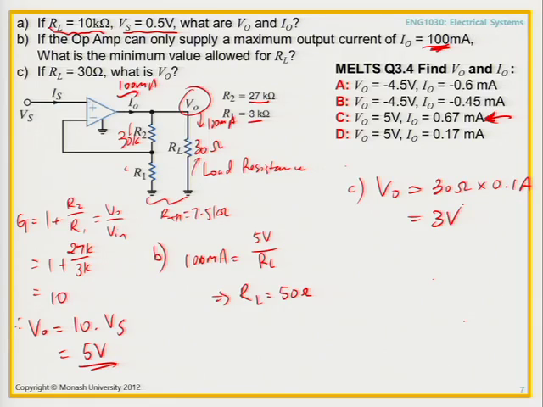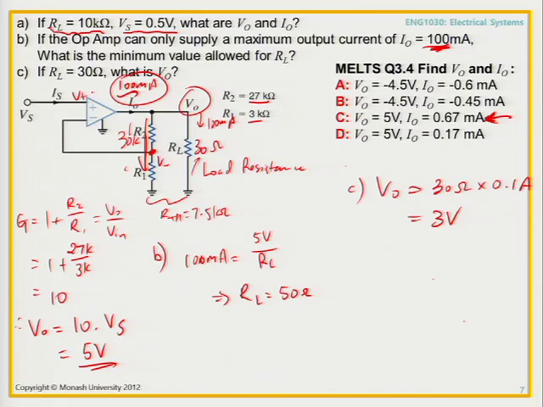Yep, question? Would the current have to increase across R2 to maintain the voltage drop so that V plus equals V minus? Yeah, so you would think that, right? So this is where things start to run into the realm of reality. In reality, because the op amp can't actually supply enough current down this branch to make V minus equal to V plus, all of our assumptions start breaking down.